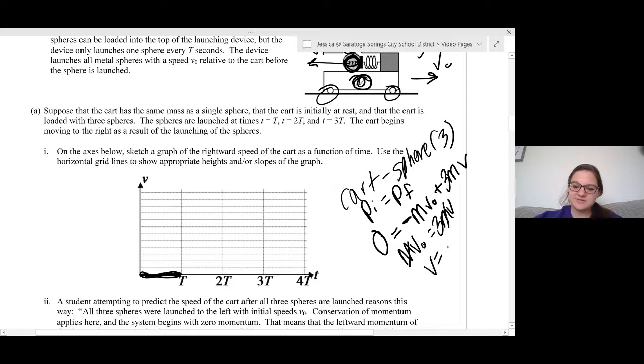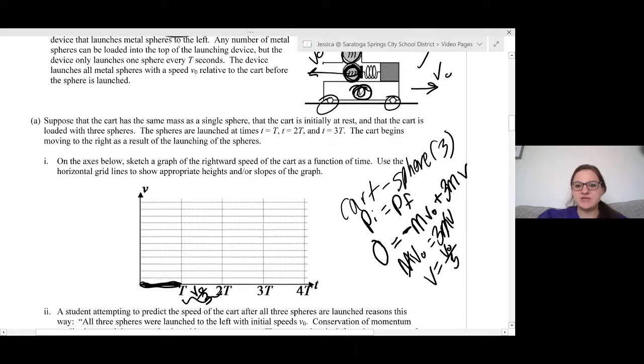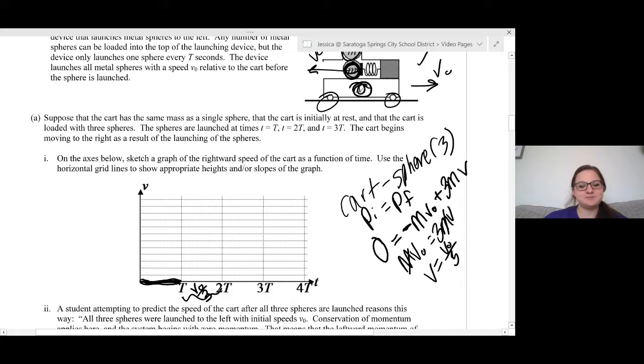So v is the same thing as v0 over 3. Okay, so whatever this first time interval is, the velocity is v0 over 3. And that velocity is going to be constant because we are on frictionless bearings, which means there's no external force to speed up or slow down that cart, with the exception of that change in momentum.